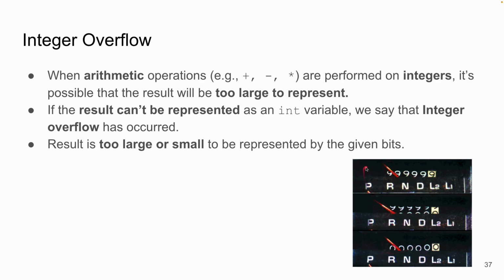I'm not sure whether you still see these things on your motorcycle or car. So you can see the maximum number this device in the picture can represent is 99999, right?